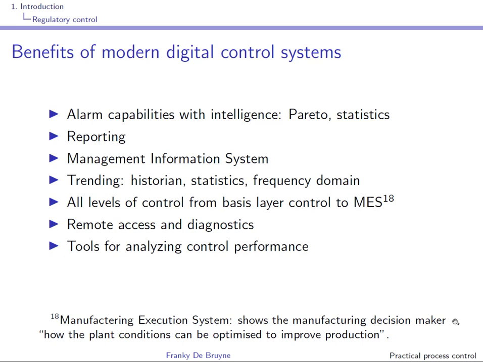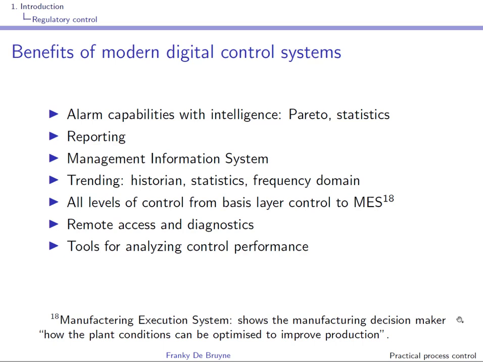These systems will also give you remote access and diagnostics, which is interesting if you have just commissioned a production line in a faraway country and you've just come home. You can still interact with the process control system. Some of those systems will even propose tools for control performance monitoring.